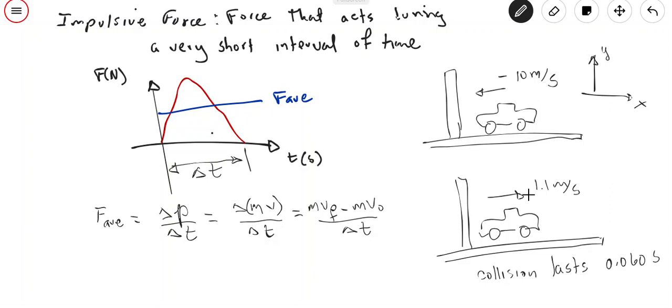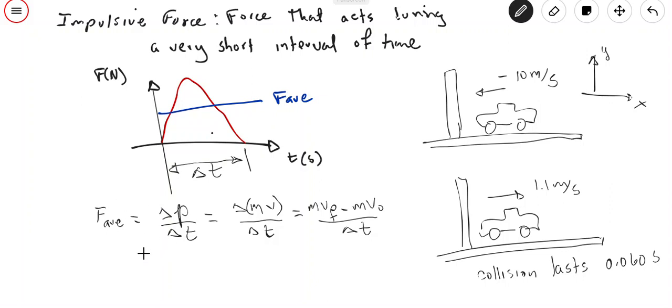A second by itself is a short interval of time, but when we're talking about 6/100 of a second, it's very short. These are arbitrary numbers I'm taking; I didn't measure any collision to prepare this exercise, but these are values that we can use to illustrate what happens here.